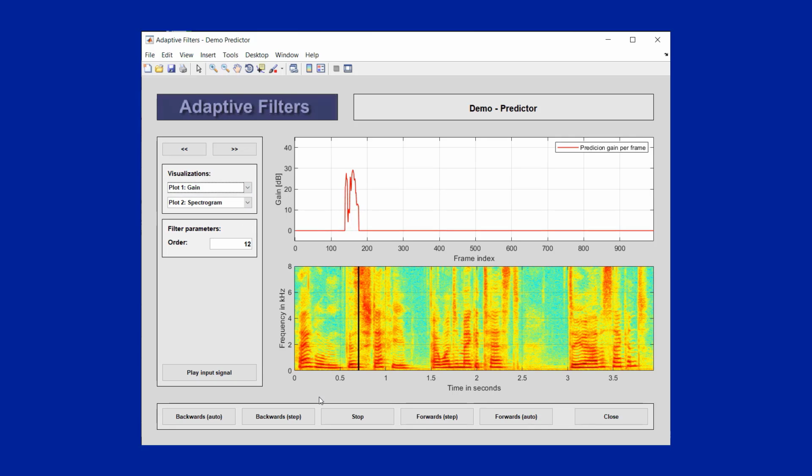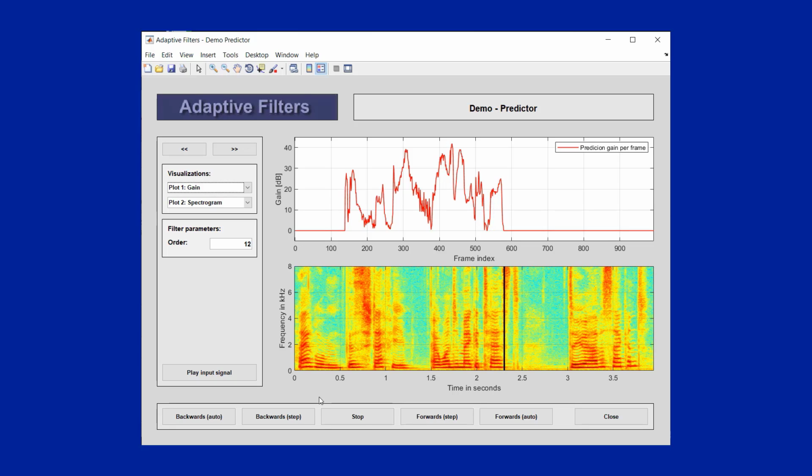The gain plot shows how much we can reduce the error power with our linear prediction filter. And here you should also notice that we can have a very high short-time power reduction in voiced segments, because there our correlation, which we saw in the autocorrelation function, is very high, and we can do a very good prediction and get a very low error signal.